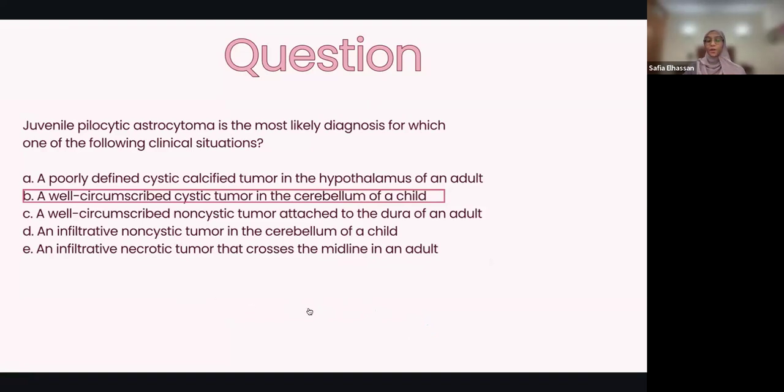D, an infiltrative non-cystic tumor in the cerebellum of a child. Medulloblastoma, yes, correct. And E, an infiltrative necrotic tumor that crosses the midline in an adult. Yes, glioblastoma multiforme, the butterfly tumor.